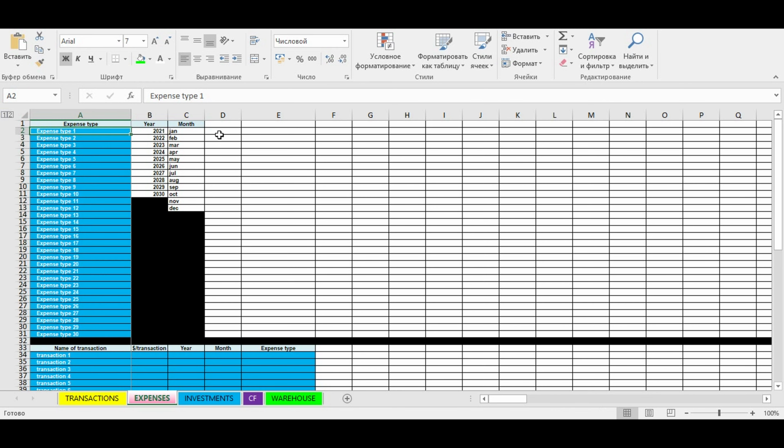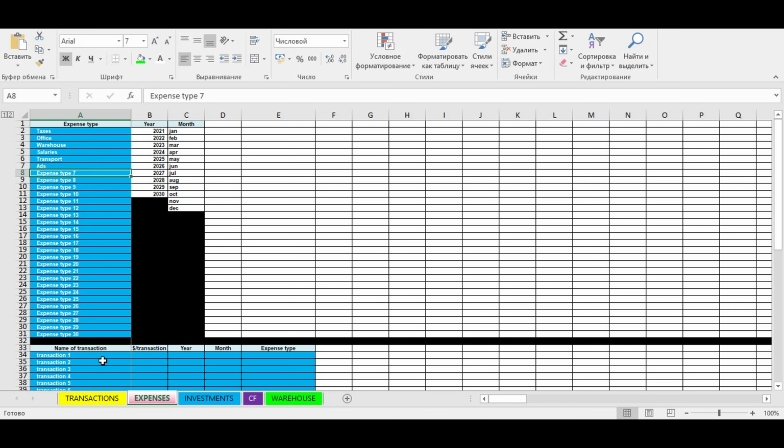For example, let's name some types of expenses: taxes, office expenses, warehouse expenses, salaries, transport, advertising, for example, and so on.